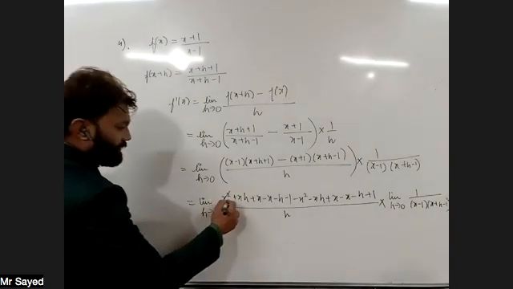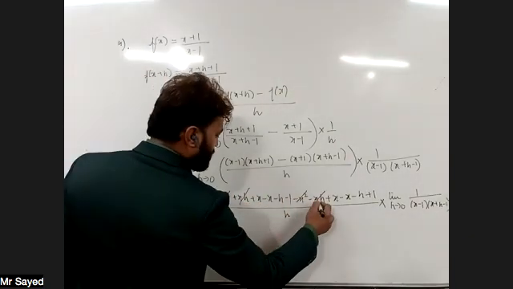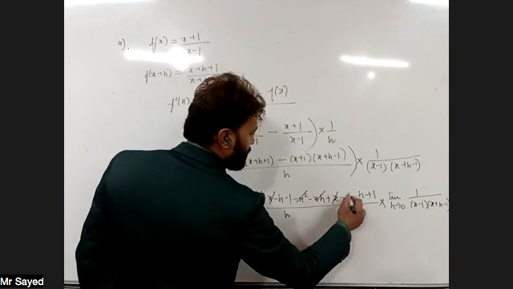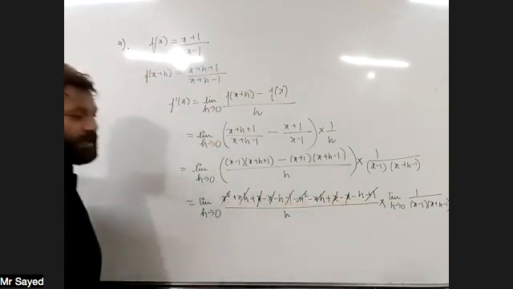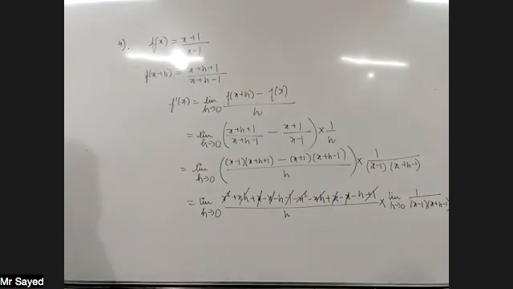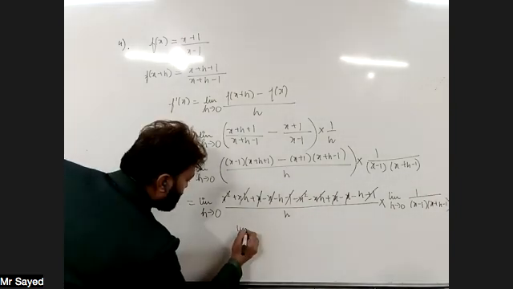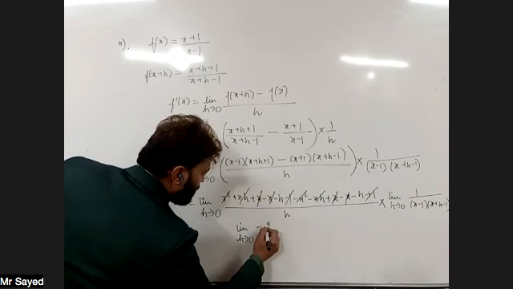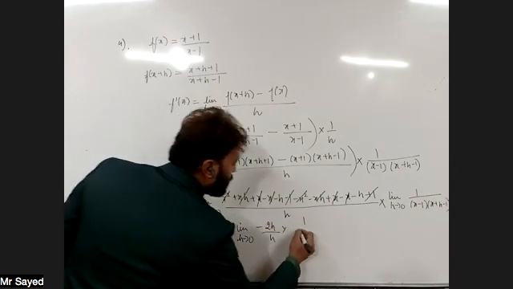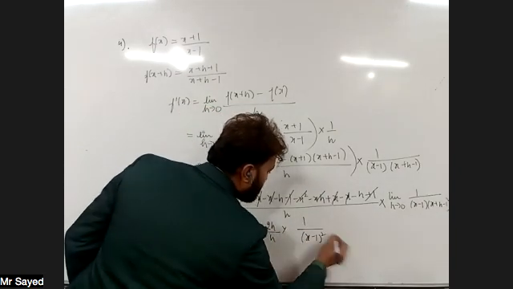Now look, this x square and this x square, this xh plus x minus x plus x minus x plus 1 minus 1 cancel. So the only thing that's left is minus h minus h. So minus h would be minus 2h upon h into 1 upon x minus 1 of whole square.